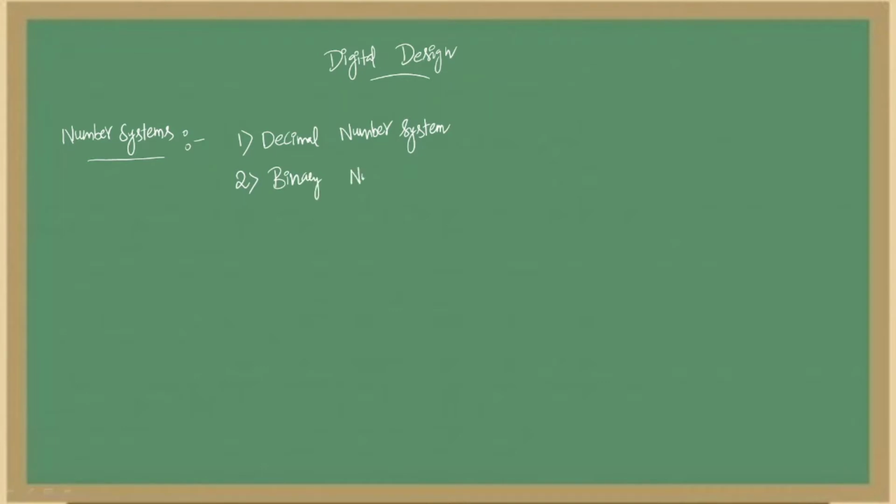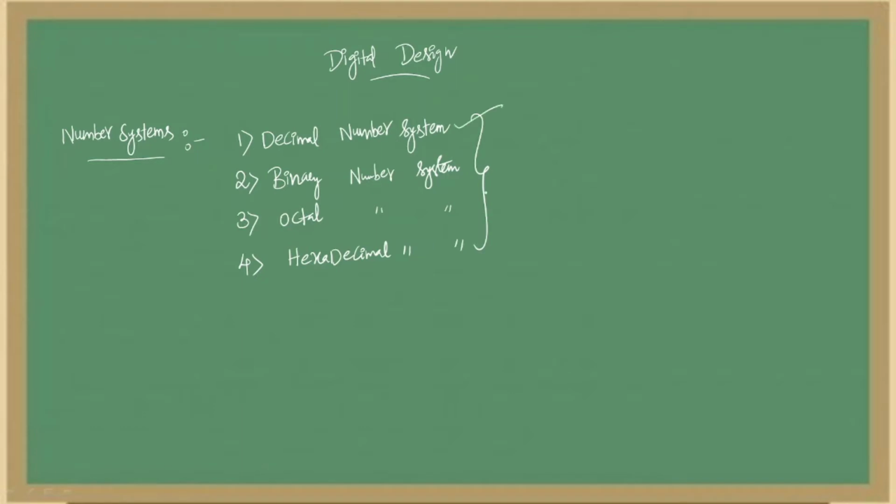We also have two more number systems, which are the octal number system and the fourth number system which we will understand in this module, the hexadecimal number system. So these are the four number systems which we are using nowadays.